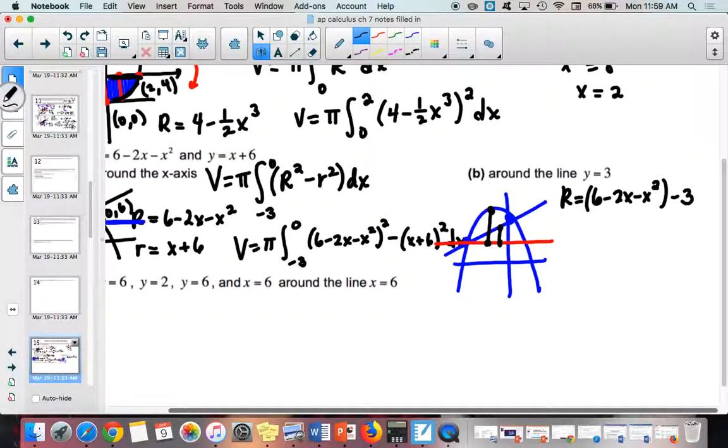Top was the parabola minus the 3 line. So it ends up being 3 minus 2x minus x squared. And then our inner radius is going to be the x plus 6 minus the 3, right? So it ends up being x plus 3.